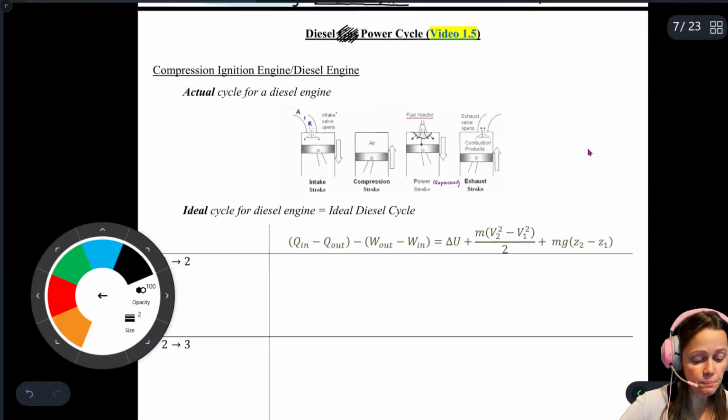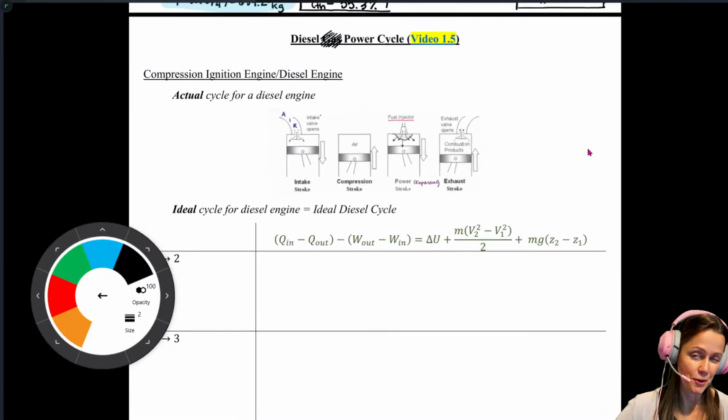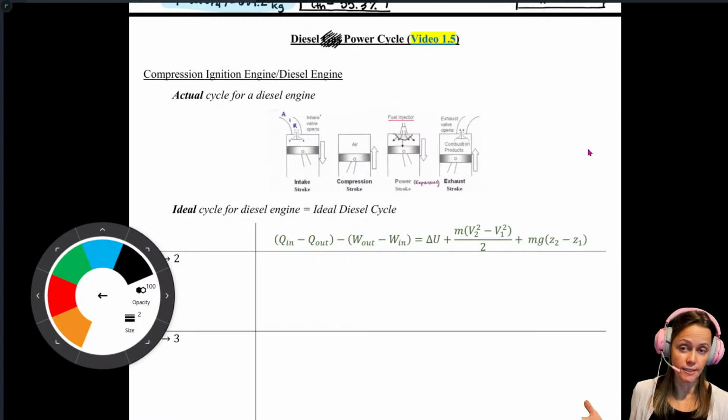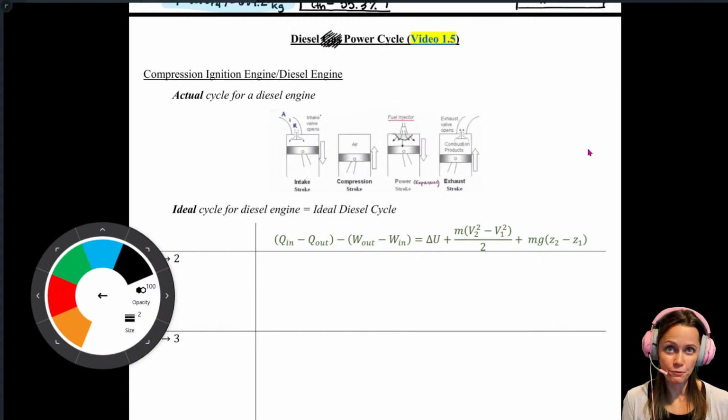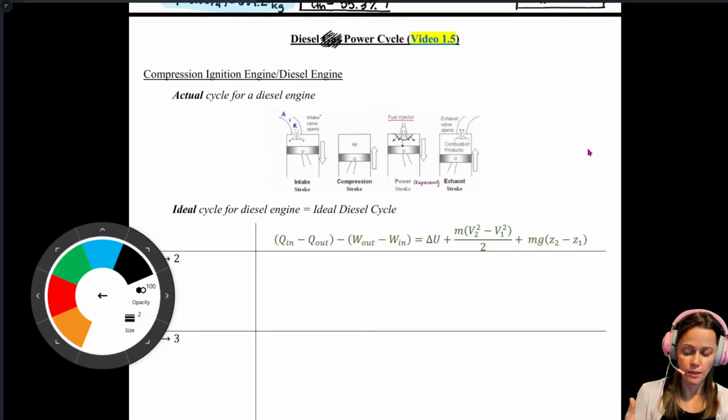Now, our simplified model is our ideal diesel cycle. So we are simplifying things in that, think back to those ideal air assumptions. We are modeling our working fluid as air, so we're not worrying about the fuel. We're modeling it just as air, and the combustion and the exhaust are modeled as heat addition and heat rejection processes.